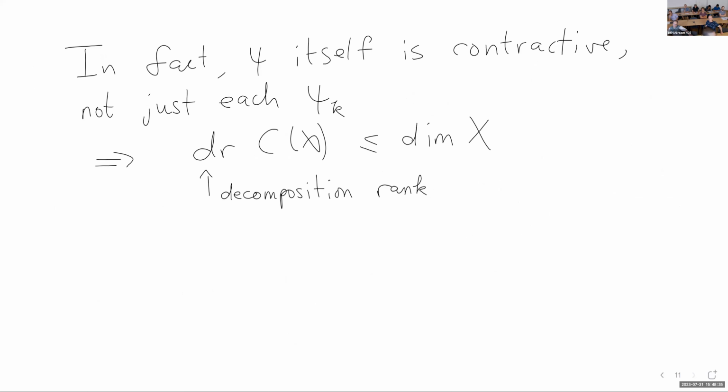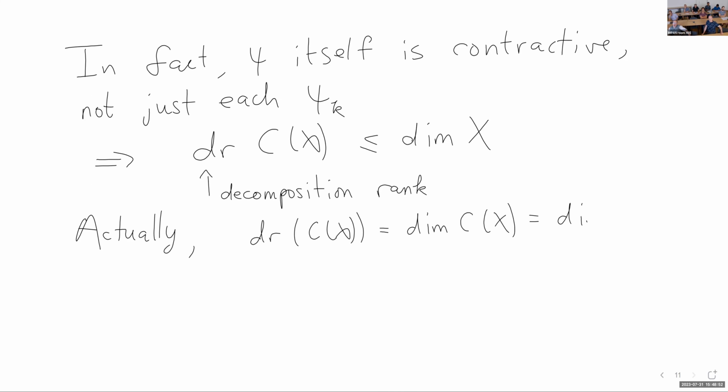So actually, all of these are equal in the commutative case. So the decomposition rank of C(X) is the nuclear dimension of C(X), which is the dimension of X. I'm not going to show you the other direction.